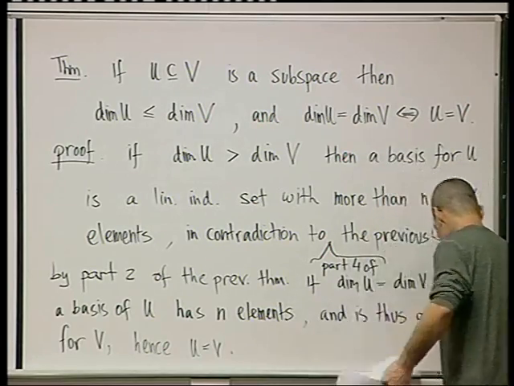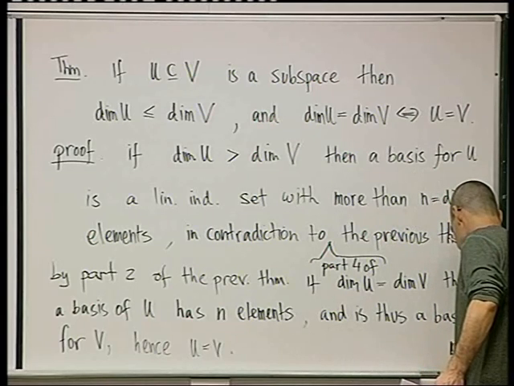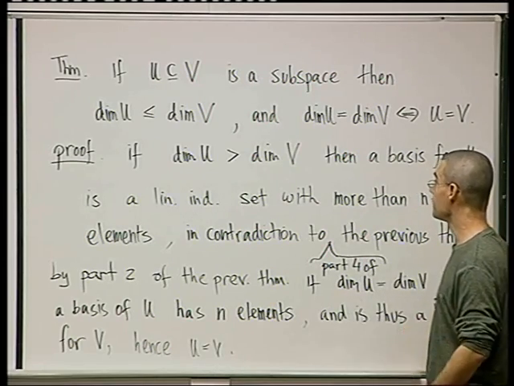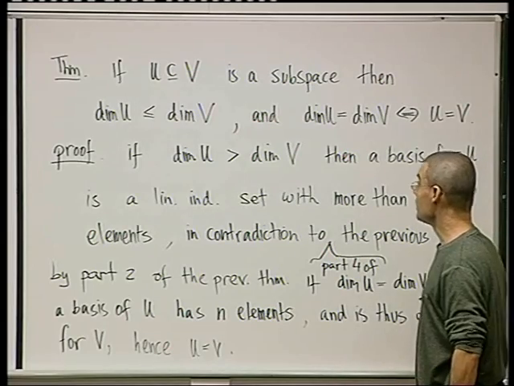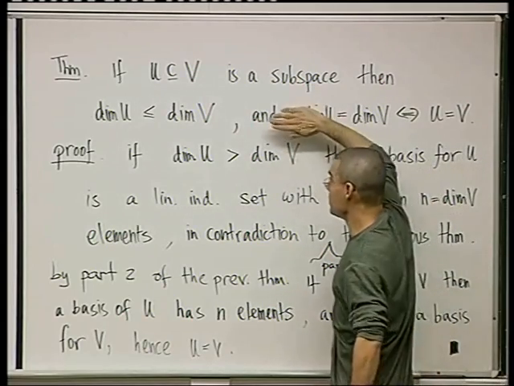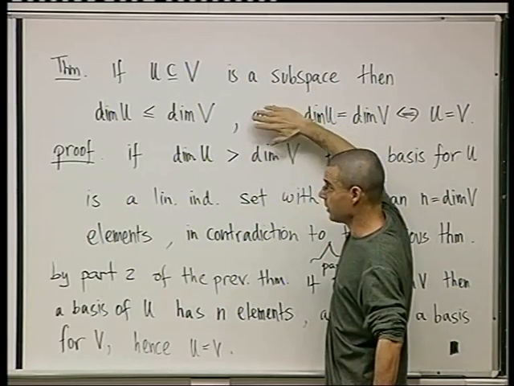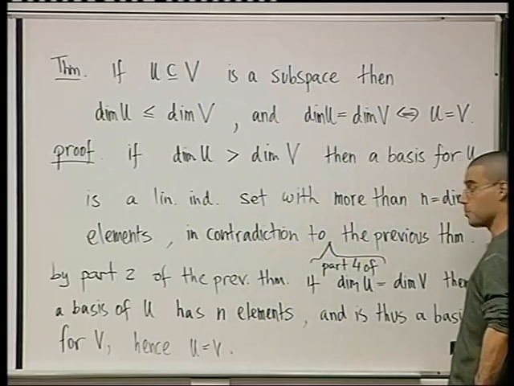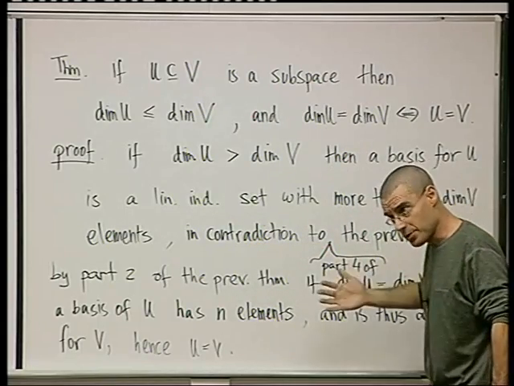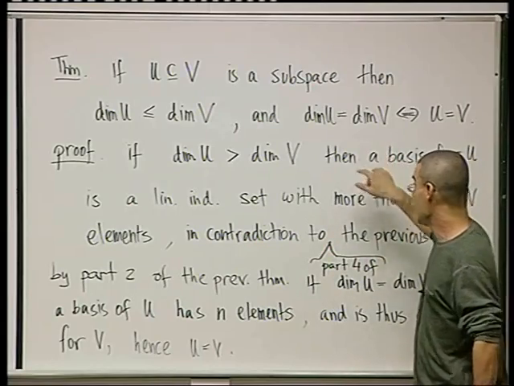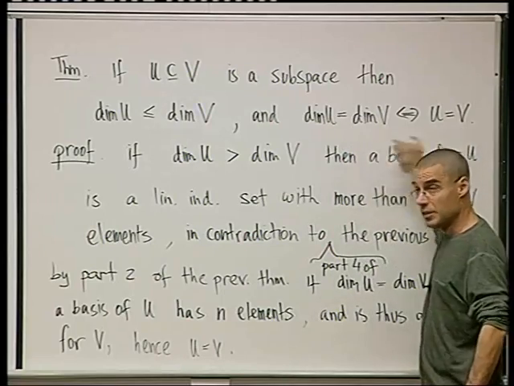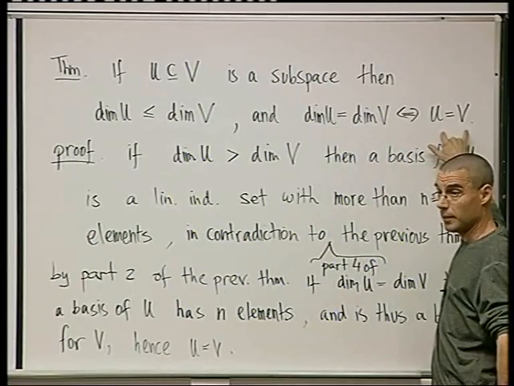This completes the proof. Could you specify why did you have to write the dimension of U is smaller or equal than the dimension of V and equals? There are two statements here. The first statement is this one. The dimension of U is less than or equal to the dimension of V. That's one statement, and the proof ended at this point. Okay? Then there's a further statement, which is not the same thing. If and only if they're the same, then the spaces are the same.